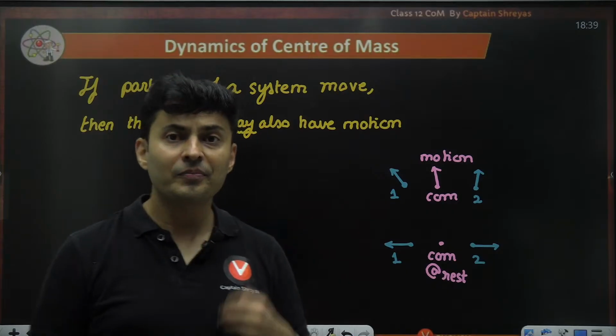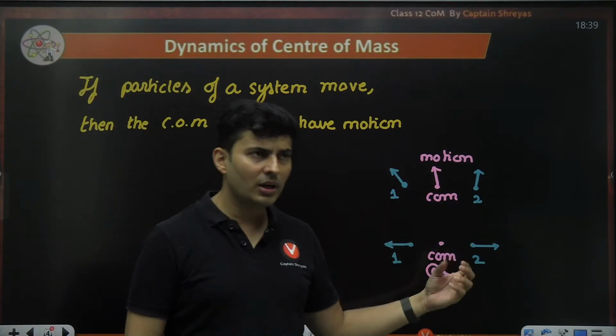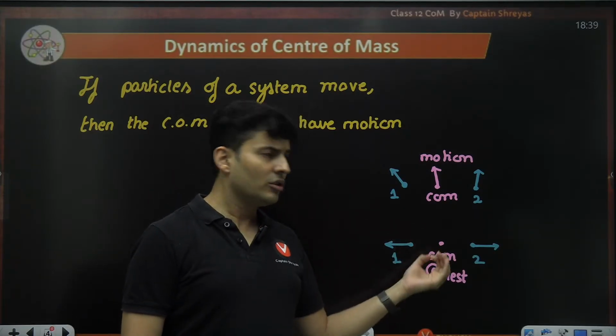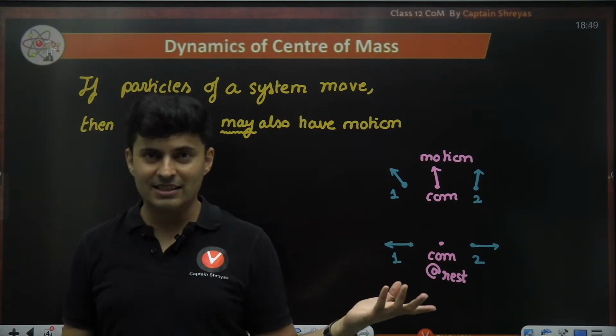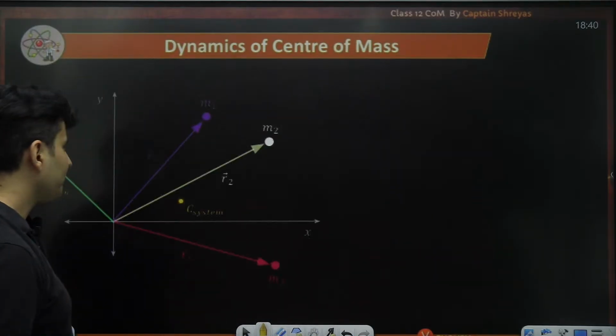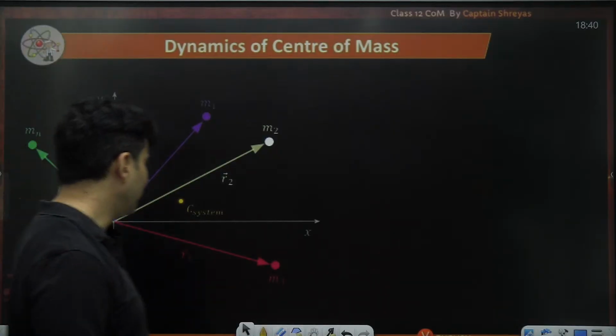Is that clear? And this is exactly what we are going to study, where we'll try to figure out what's the velocity, momentum, acceleration of center of mass, and also the scenario where the center of mass is at rest, and what's the condition for it. Okay. Now, simply speaking, it's straightforward.